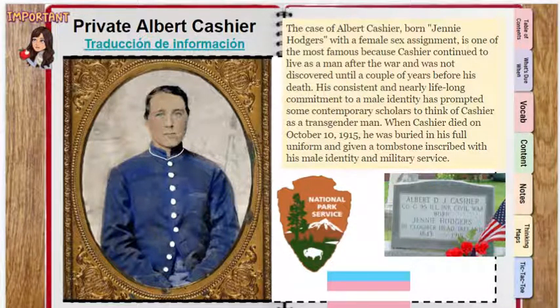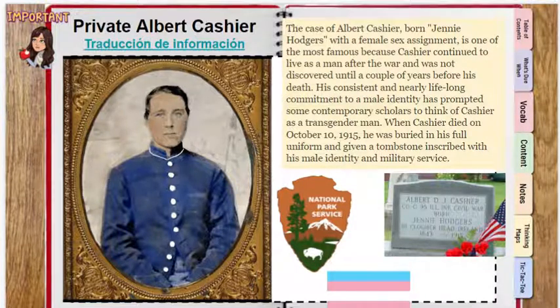A few years before Cashier passed away, he was discovered to have been assigned female at birth, and the military worked actively to remove his benefits. And the soldiers around him said that they disagreed because they felt that he had earned everything from the military service that he had done.